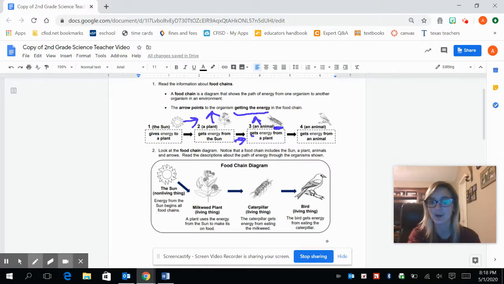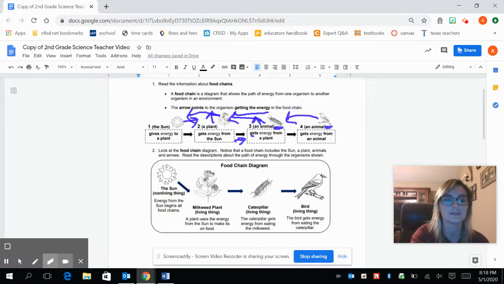And then our last animal, our birdie over here, our bird is going to eat up that caterpillar. And it's going to get energy from eating the caterpillar. So as you can see, each animal in our diagram and plant, it all got its energy from the things that came before it.